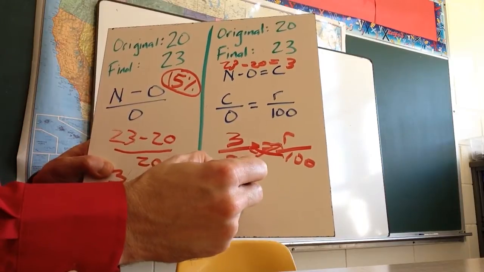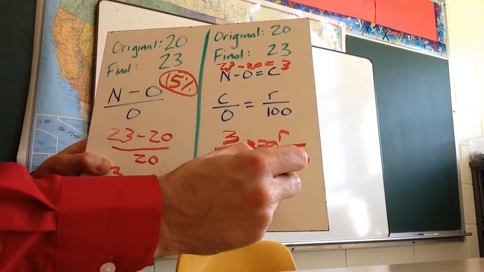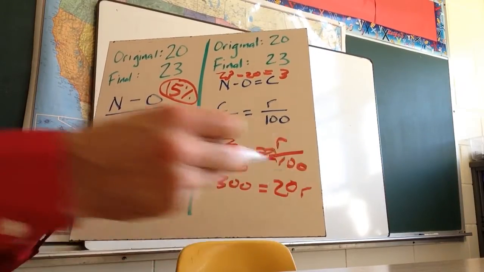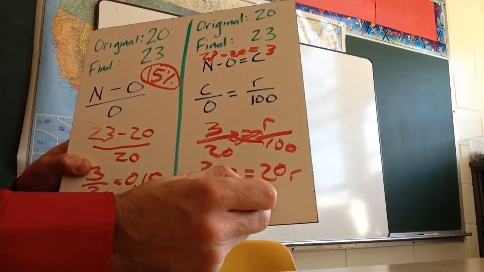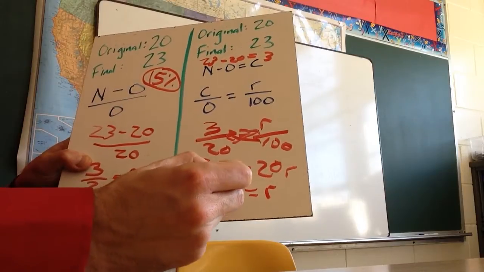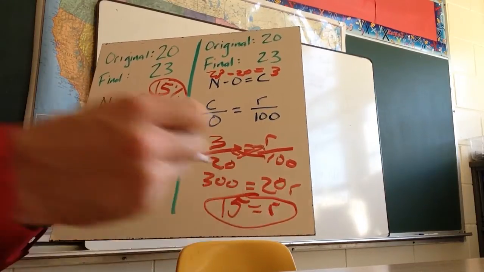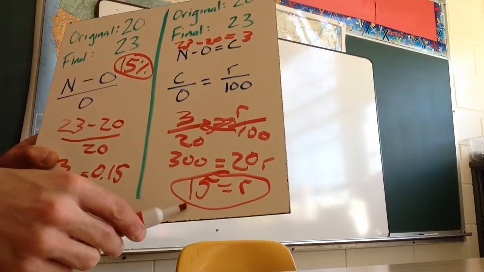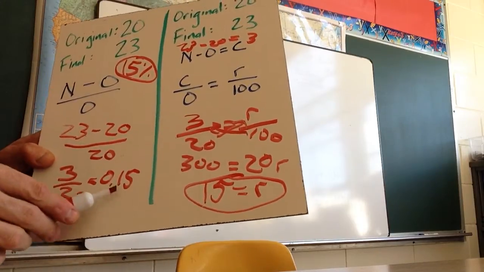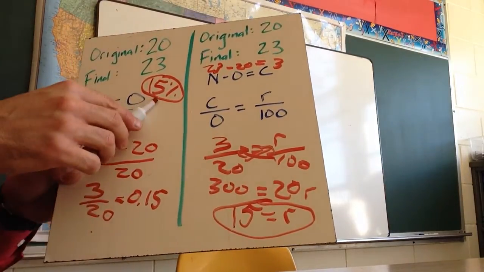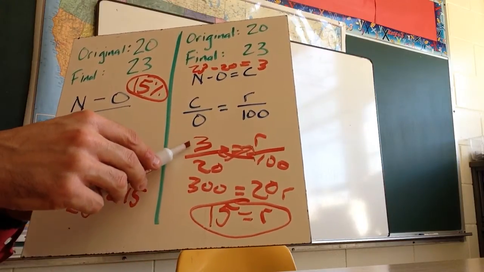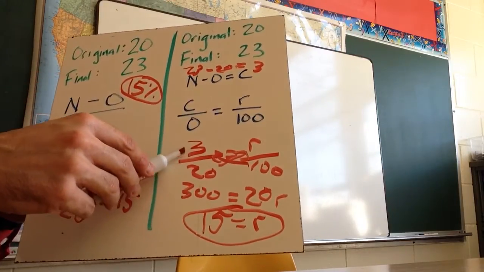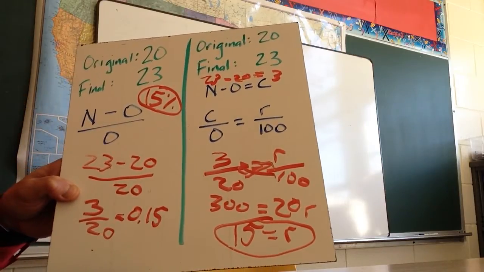So this becomes 300 equals 20r. When I divide both sides by 20, I end up with r equals 15. The advantage of this method is I don't have to change it from a decimal to a percentage. This is already in percentage for me. And similarly, if this had been negative, then I know it's going to be a decrease.